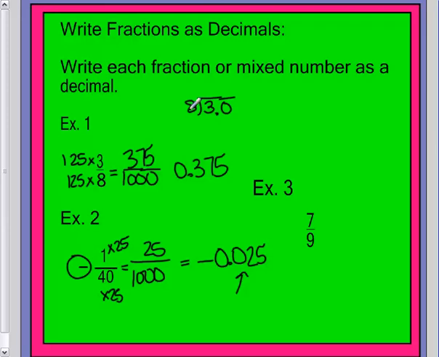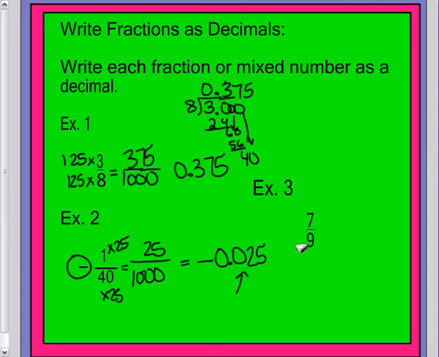And we're going to go, 8 goes into 3 no times, but it goes into 30 3 times, which is 24. Bring down my 6. 8 goes into 60 7 times. 7 times 8 is 56. Bring down my 4. Oops, I needed another 0 there. 8 goes into 40 5 times, and I'm done.